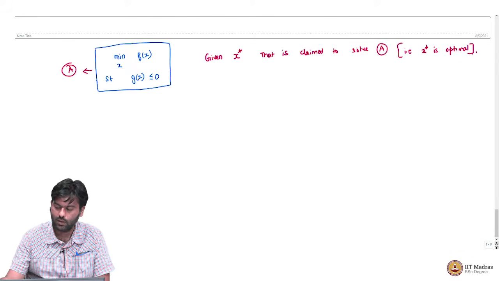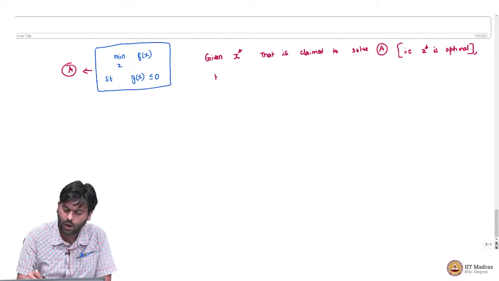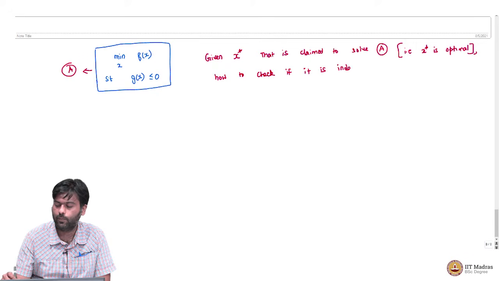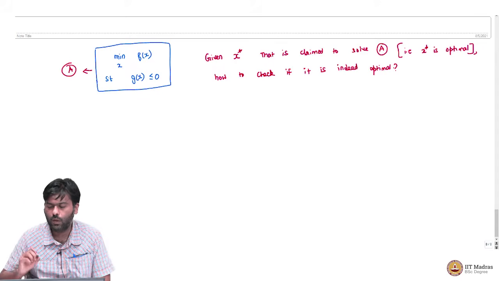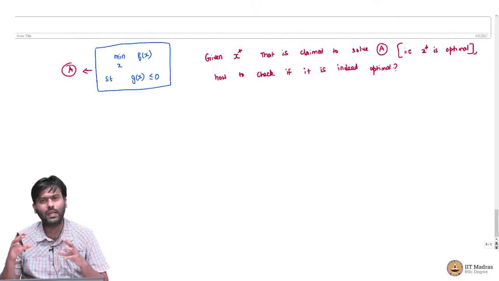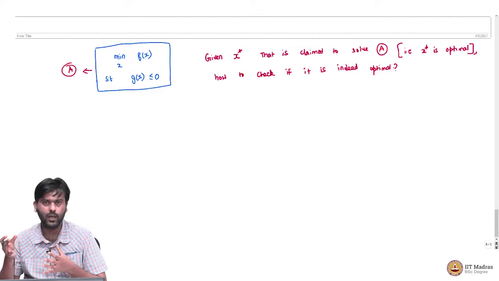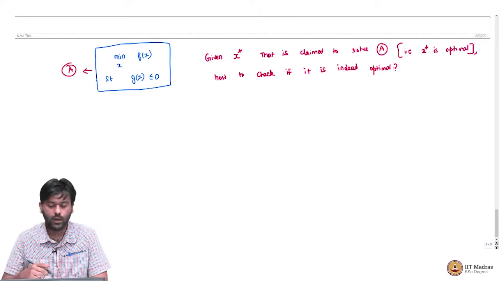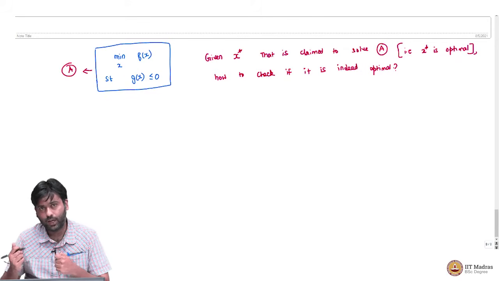If I claim that x star is optimal, how do you check if it is indeed optimal? In other words, what are the necessary conditions that x star should satisfy for x star to be optimal, which can be checked easily?